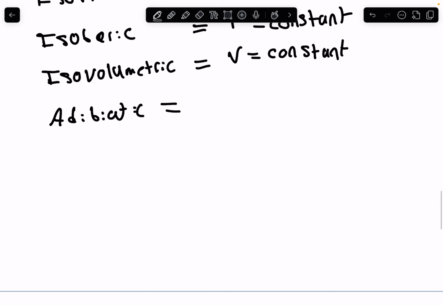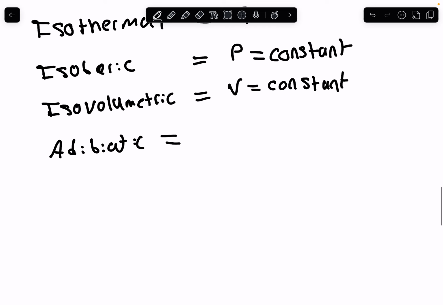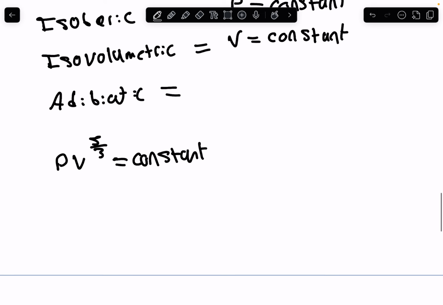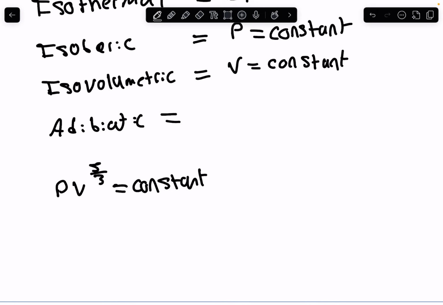There's actually an equation for the adiabatic process that states that PV to the 5 over 3 is constant, meaning if you wanted to solve for P, no, P remains constant actually.